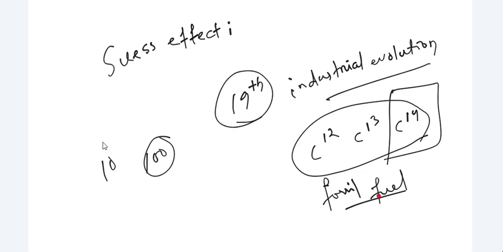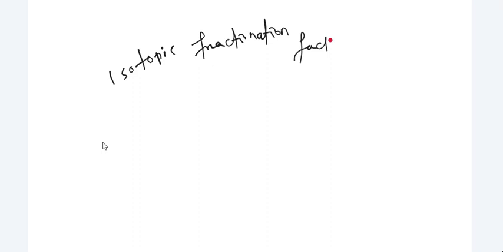So to handle this disequilibrium, we have to check the isotopic fractionation factor. Depending on the isotopic fractionation factor, we do the C14 calculation.